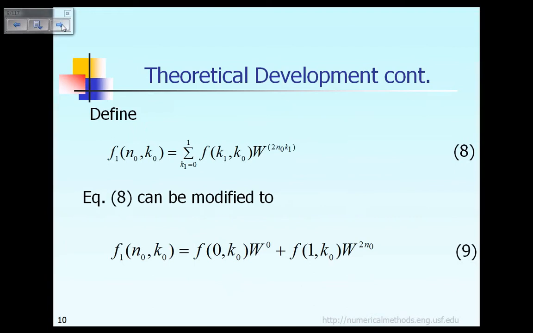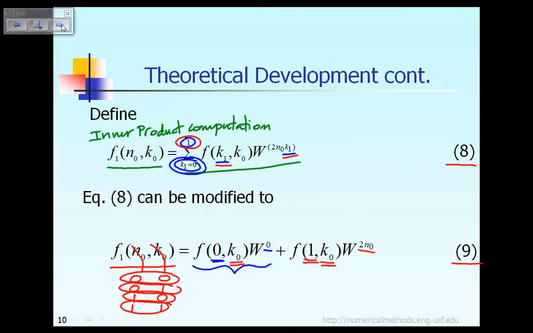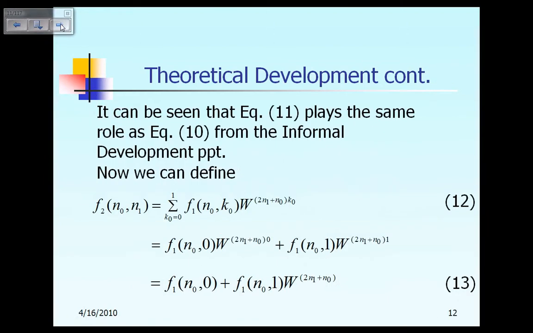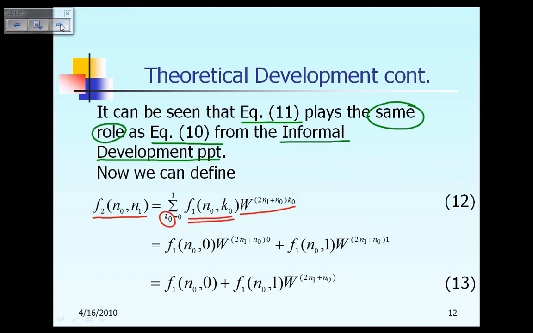So let's see what is the next thing we do. After we calculate the vector f1 based on equation 10 or equation 11, the same thing, the vector f2 is equal to the w raised to that power term, and then you multiply that with the vector f1 that you just calculated. And now you have to do the summation on the index k0.